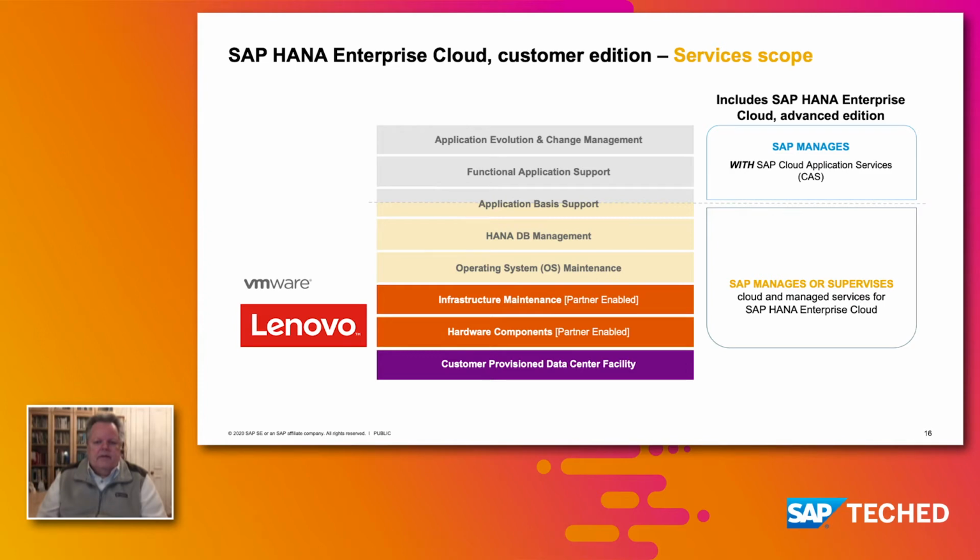So in case of our partnership, we have managed the infrastructure with our Lenovo partner, and also the infrastructure components themselves are created by Lenovo, constructed by Lenovo according to SAP designs, and then packaged and delivered to your data center, installed by Lenovo on-premise, and then run also on-premise by Lenovo.